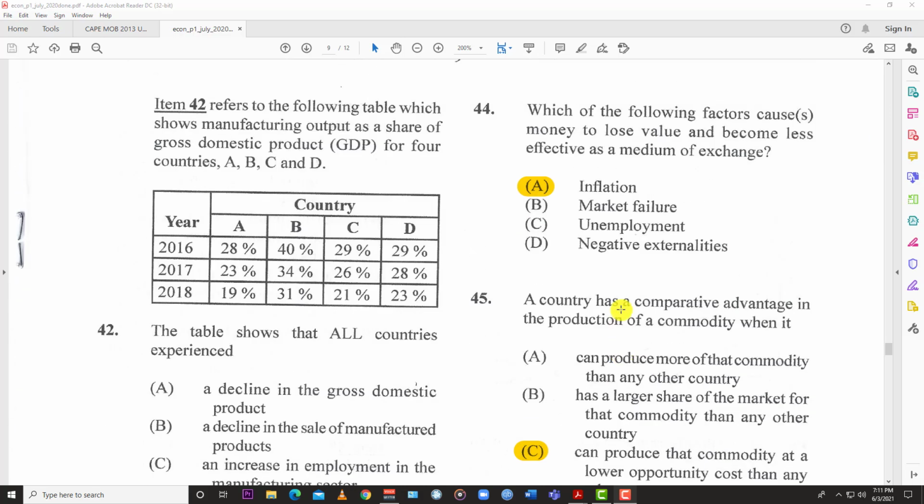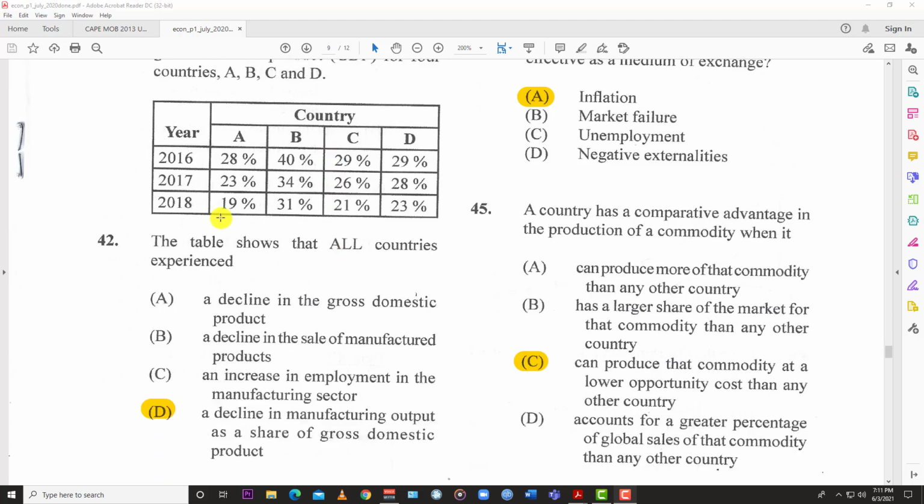Number 42 refers to the following table, which shows manufacturing output as a share of gross domestic product, GDP, for 4 countries, A, B, C, and D. And so look at the table here, 2016, 2017, 2018. In country A, it's gradually declining, country B, gradually declining, country C, declining, country D, declining.